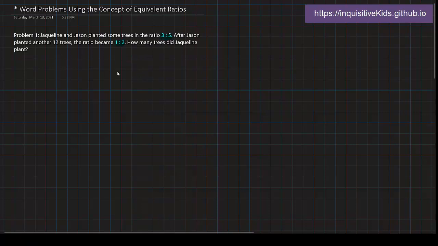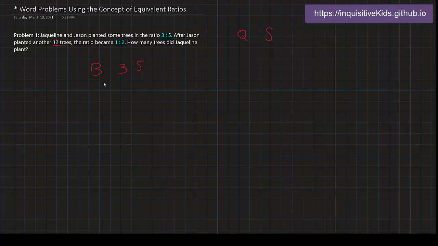So, first what we have to do is list a before and after ratio. In this case, the before ratio would be 3:5. And remember, this is in the form Jaqueline, I'll write a Q for that, to S, Jason.